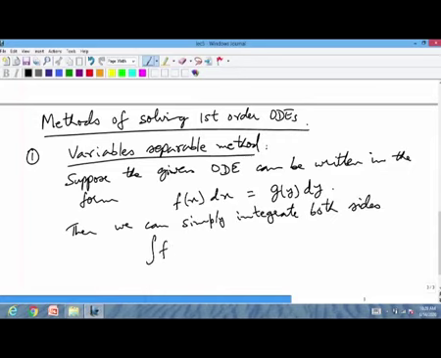So, we will write integral of f x dx equal to integral of g y dy.